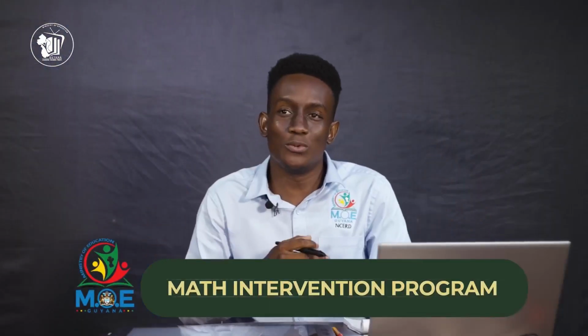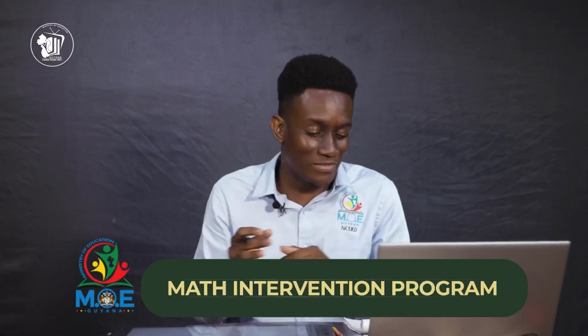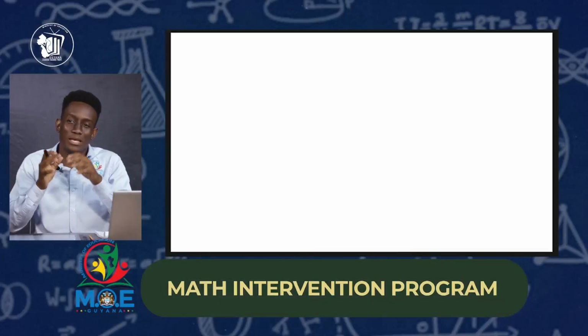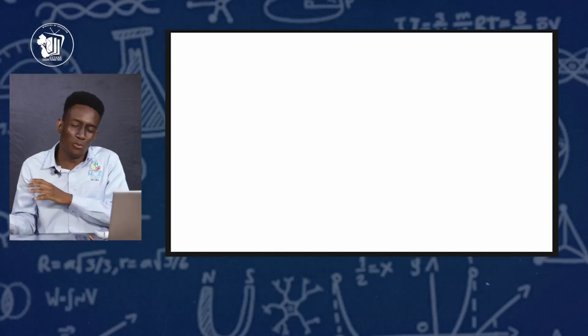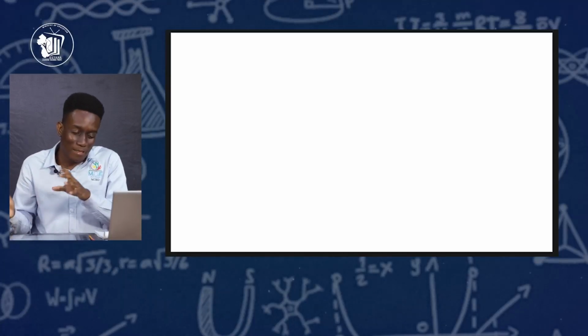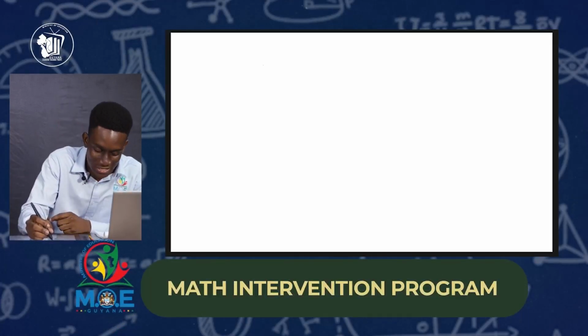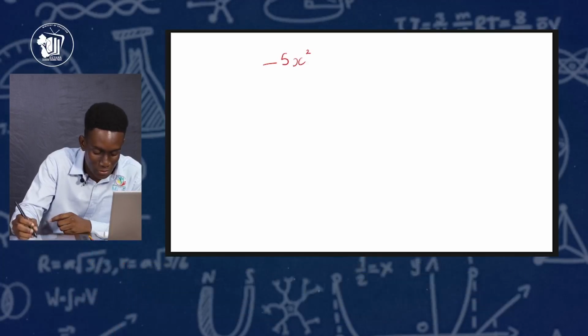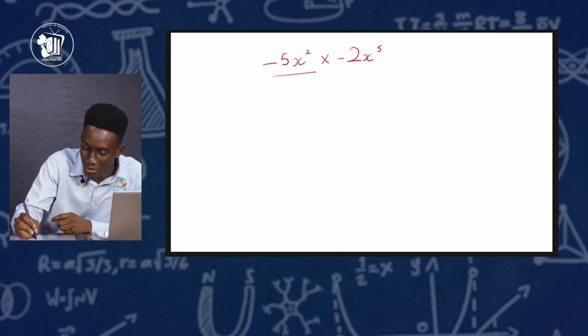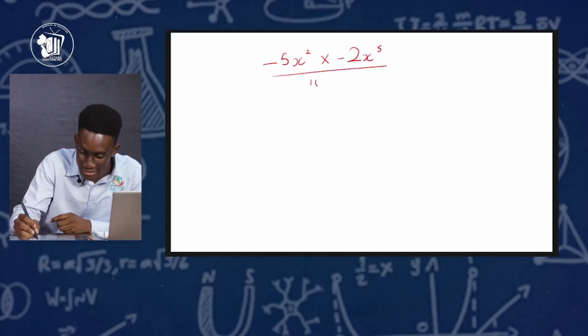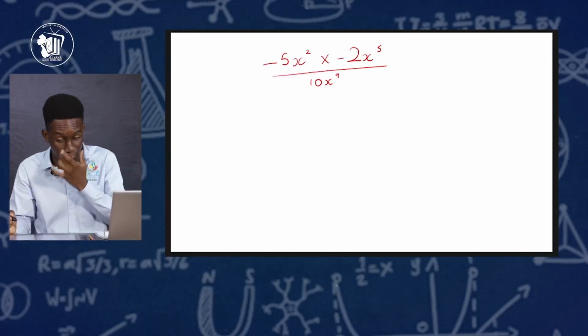So to conclude laws of indices, I'll put an example that combines more than 2 laws of indices. So let's say we had negative 5x to the second power multiplied by negative 2x to the fifth power, all divided by 10x to the ninth power.